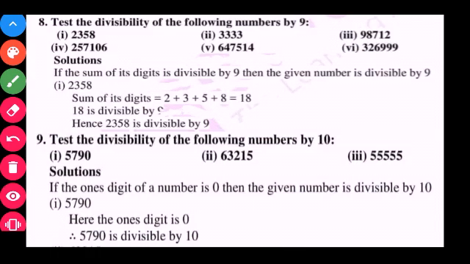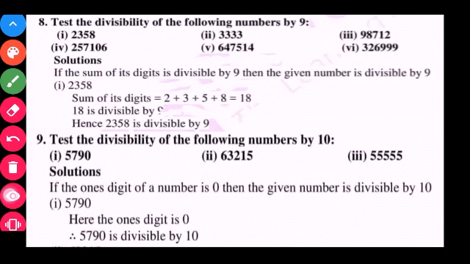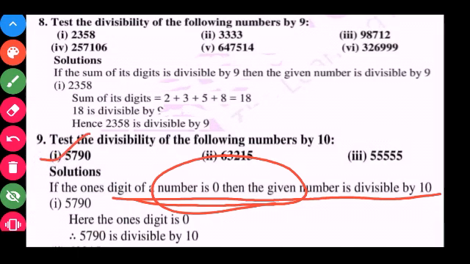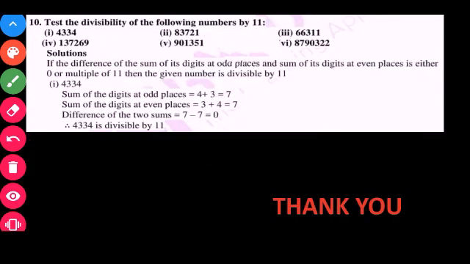So here the first is divisible by 10. Why? Because the unit place is 0. And here the unit place is 5, that's why it is not divisible by 10.